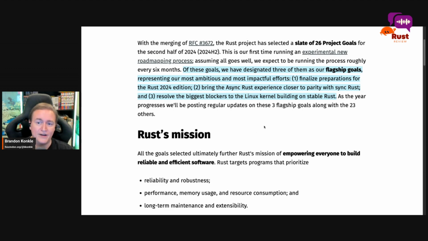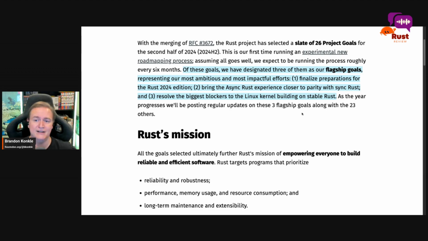They're going to finalize preparations for the Rust 2024 edition. So we're getting a new edition, which is not an everyday thing. It's been every few years, really, I think. And they're also going to focus on the async Rust experience and bring it closer to parity with synchronous Rust.